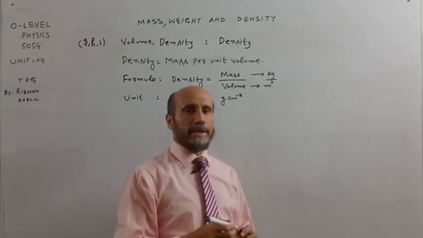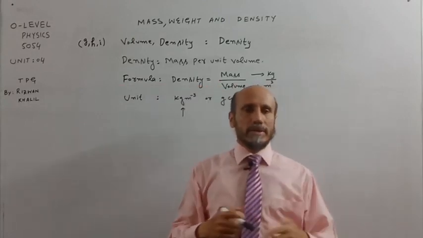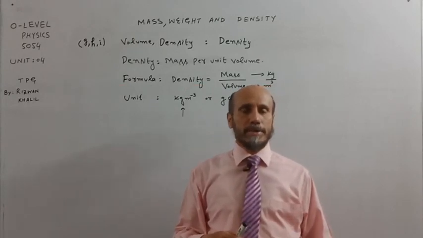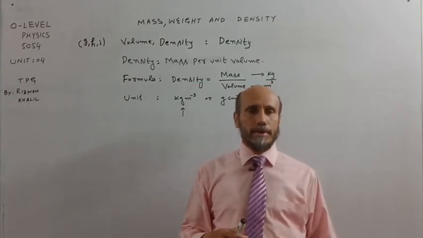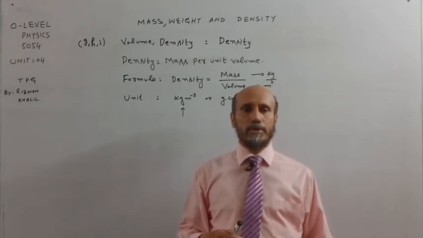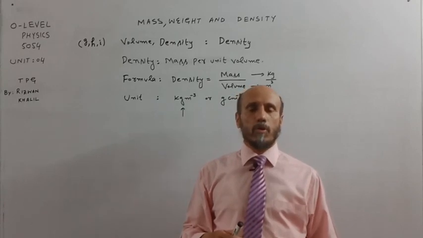Sometimes it is given in the question that the unit of density is grams per cubic centimeter. So we have to work accordingly, depending on which unit is given, to calculate the values of density for given objects.